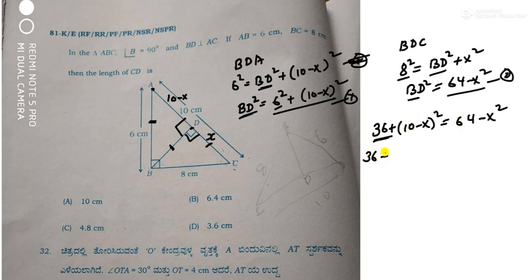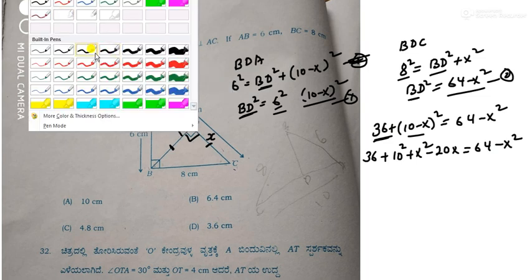This is 36, and here we use (a minus b) whole square, so a square plus b square minus 2ab, that is 2 tens are 20x, and here it is 64 minus x square, correct? Anything wrong here? Okay, there is one mistake. Here it should be minus, right? Since I am sending this to LHS, that becomes minus.